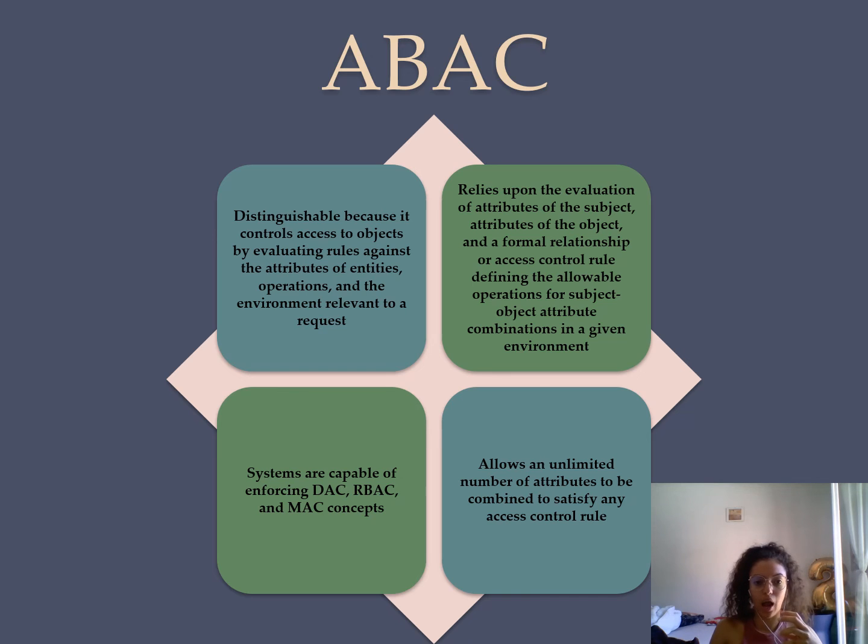So ABAC relies upon the evaluation of attributes of the subject, attributes of the object, and a formal relationship or access control rule defining the allowable operations for subject-object attribute combinations in a given environment. All ABAC solutions contain this basic core capability to evaluate attributes and enforce rules for relationships between those attributes.